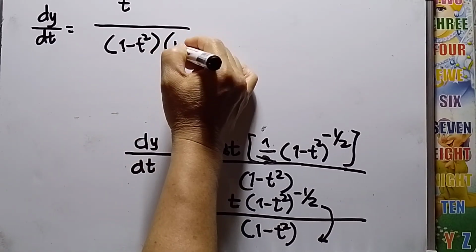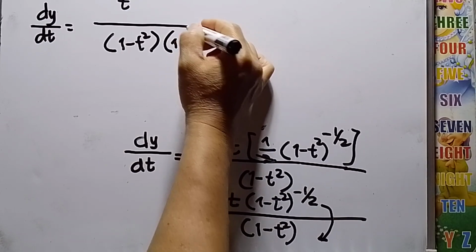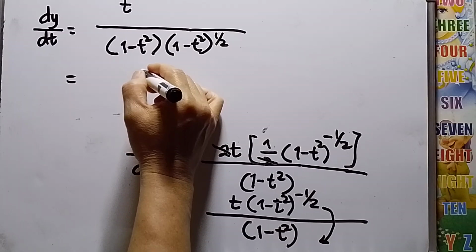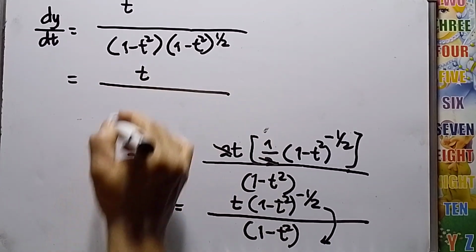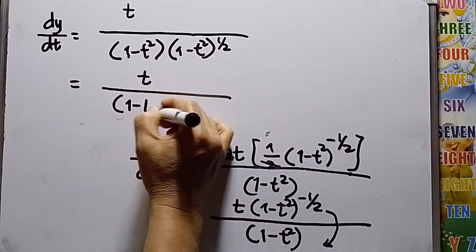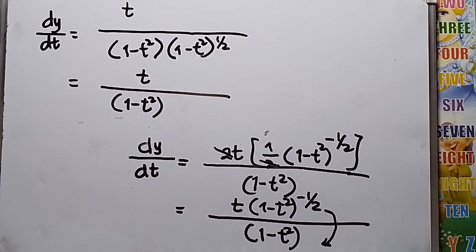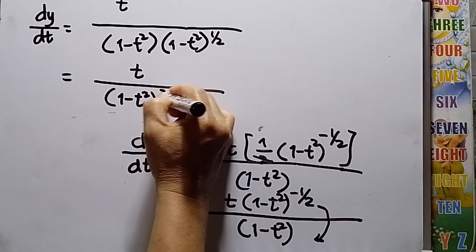And then this one will be 1 minus t squared raised to positive half. So this will be t over 1 minus t squared. Take note, this is 1 and 1/2, that will be 3/2.